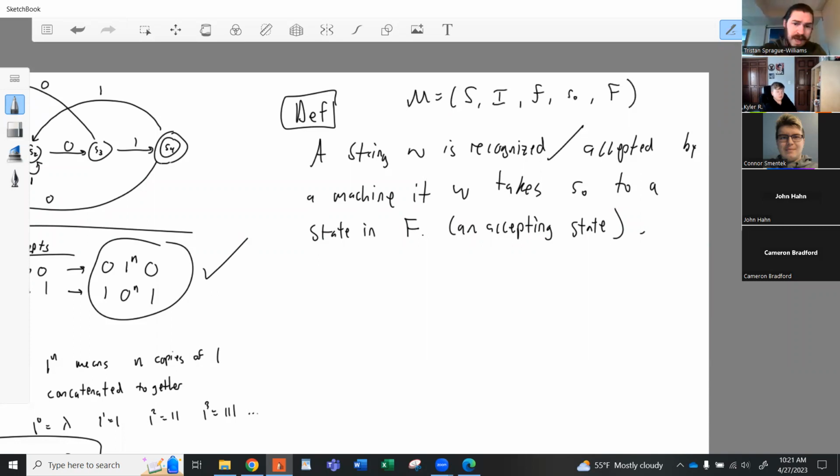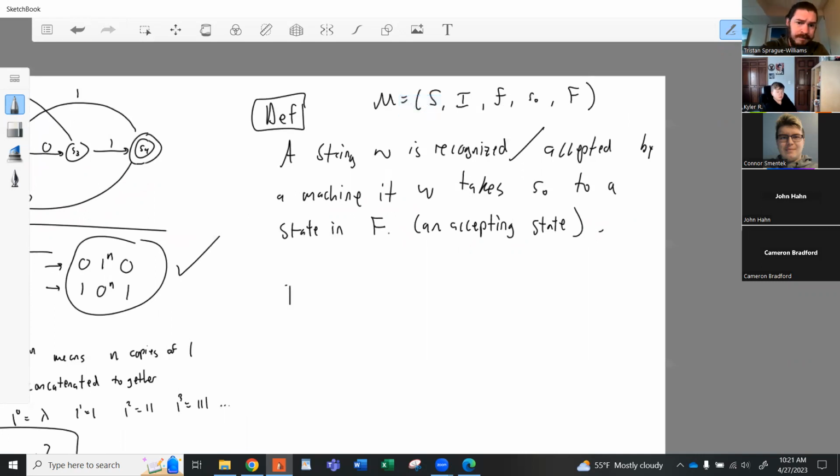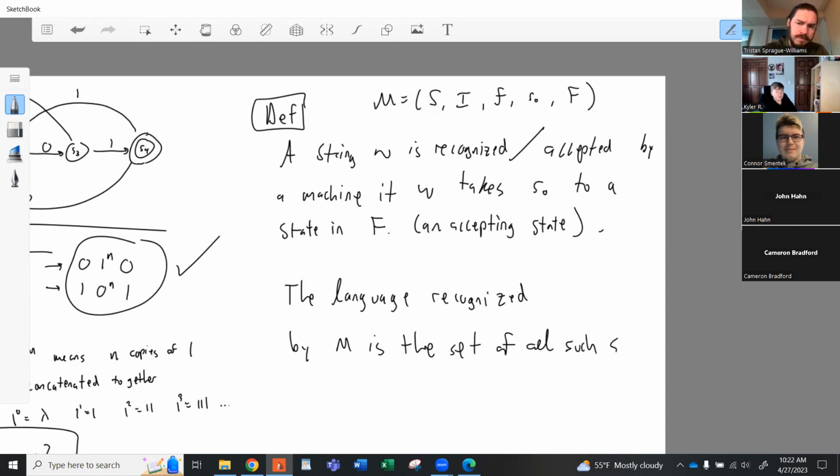And then we can say the language recognized by the machine is the set of all such strings. And this is a formal language.